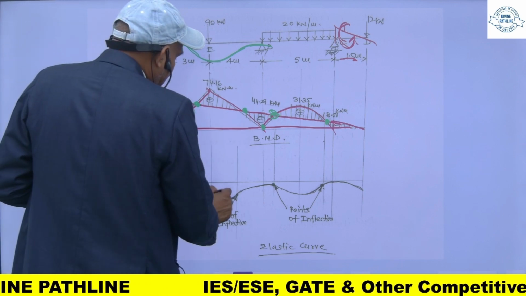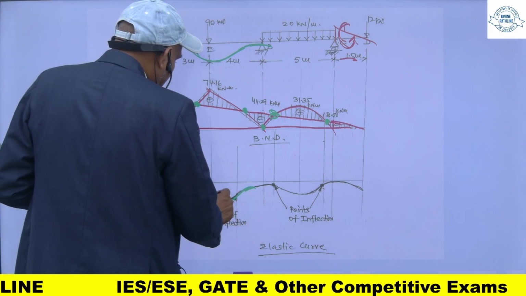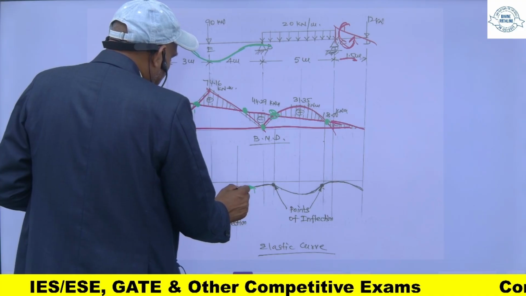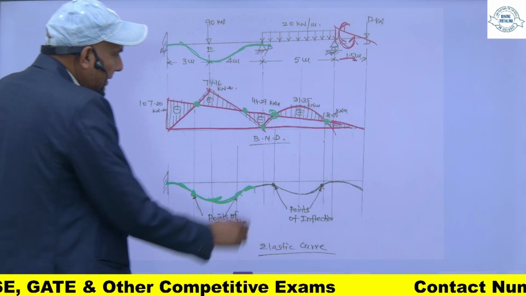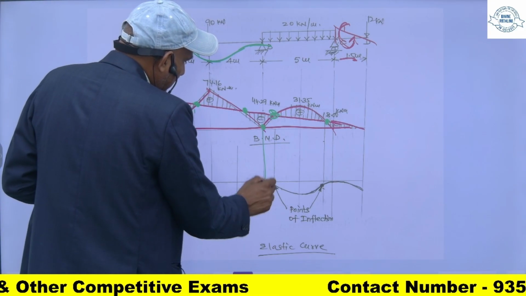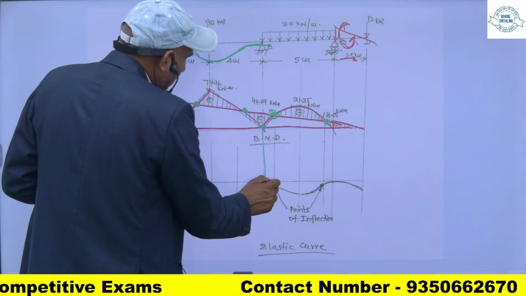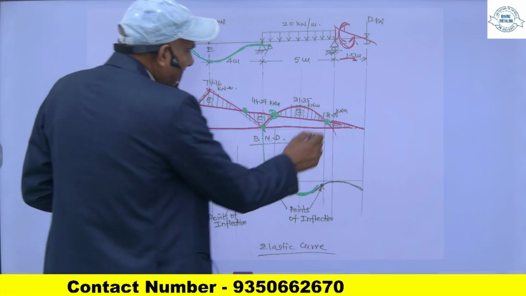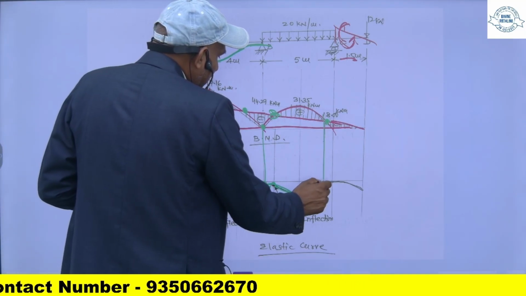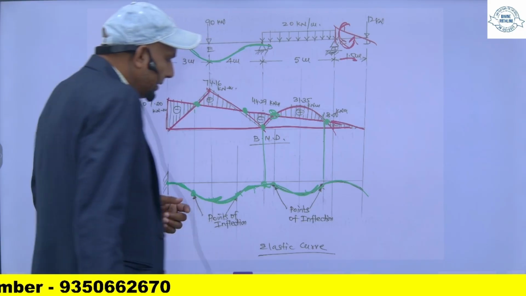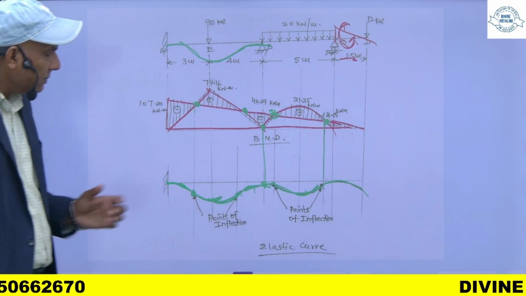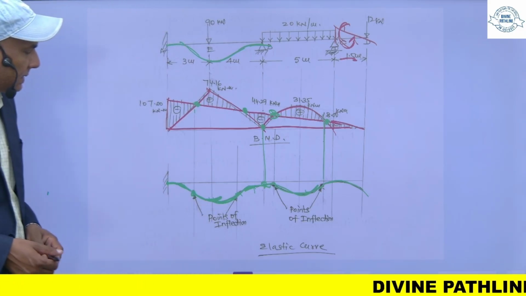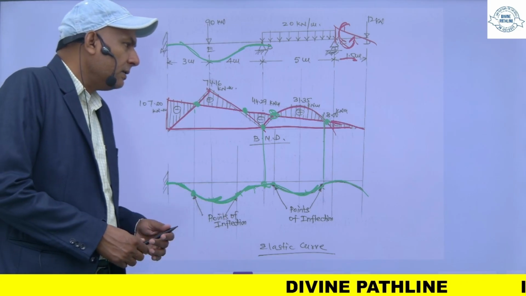And at this point also, my curvature will change from concave to convex. And then at this point, and then again at this point, it will again sag. And at this point also, the curvature will change its sign. So finally, it will be like this. So this is my deflected shape, or you can say elastic curve. These are my points of inflexure.